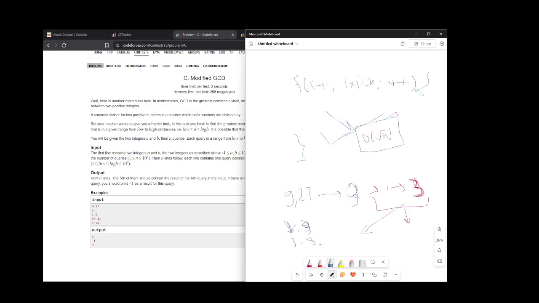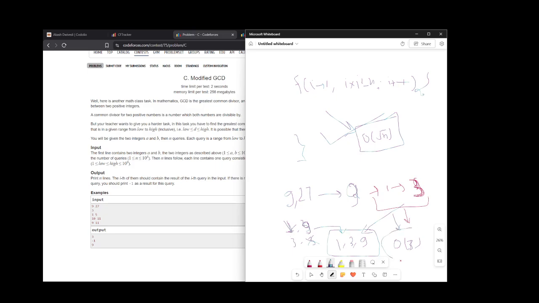So we'll reject 3 because we can't repeat the value. So the divisors would be 1, 3, 9, and it gets calculated in big O of root of 9, that is 3.